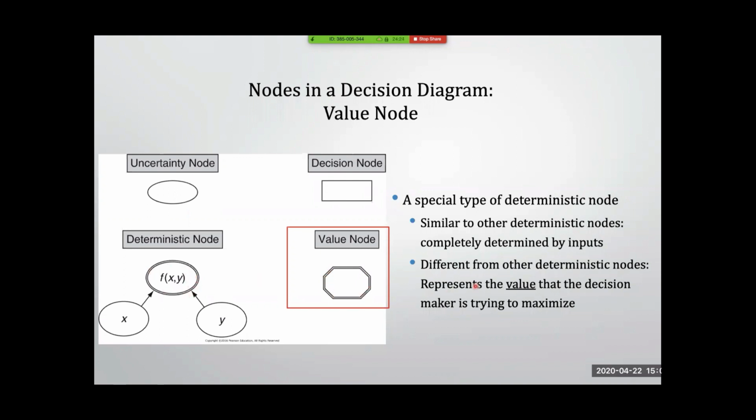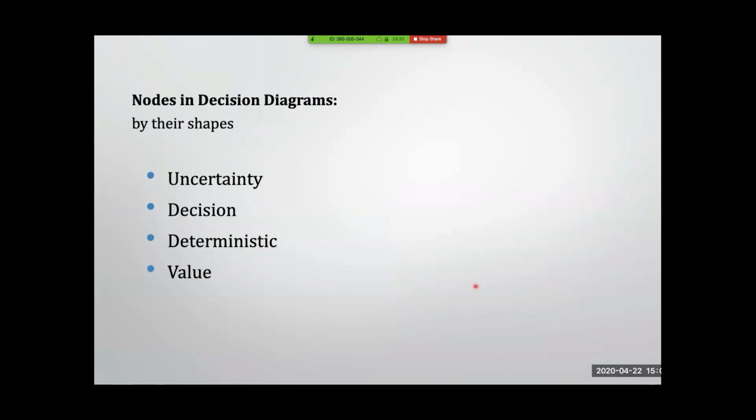Okay. So the nodes you see in the decision diagram are pretty straightforward. There are just 4 types: the uncertainty node, the decision node, a deterministic node, and a special type of deterministic node called the value node. So you would differentiate each node by their shapes.